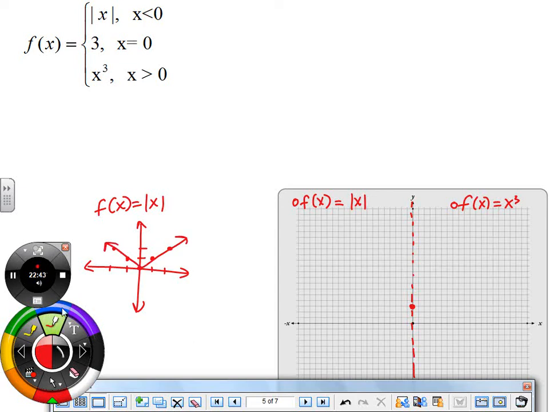And our cutoff is at 0, 0. And this function is only happening on the left side of the cutoff. So it's over here with an open endpoint. Okay? So open here. So it looks like a straight line because we cut off the other half of the absolute value.